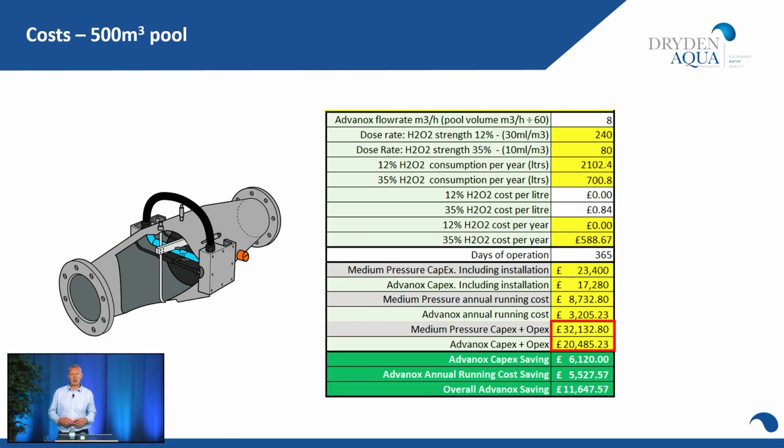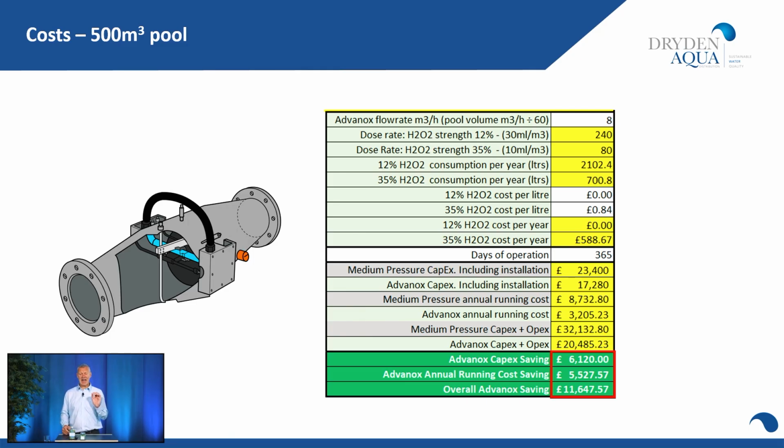So if you're considering investing in a medium pressure UV system for that volume of water, you're looking in the region of 32,182 compared to investing in an Advanox system of 20,000 or just shy of 20.5 thousand pounds. So that's the saving in terms of the CapEx, 6,120.